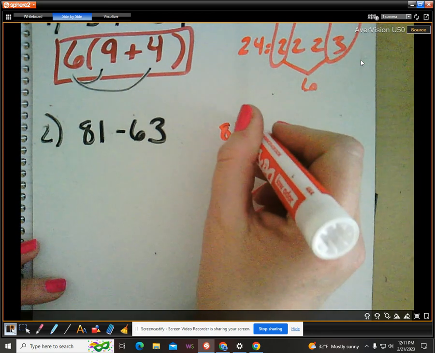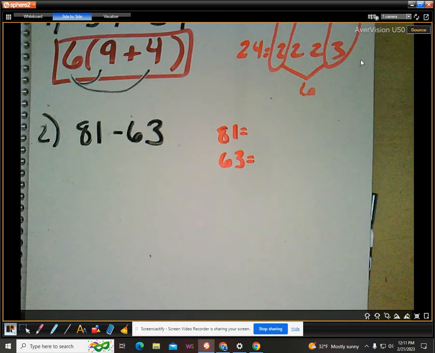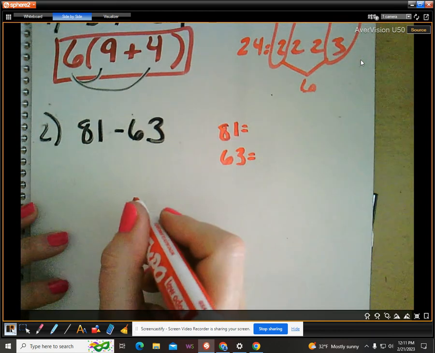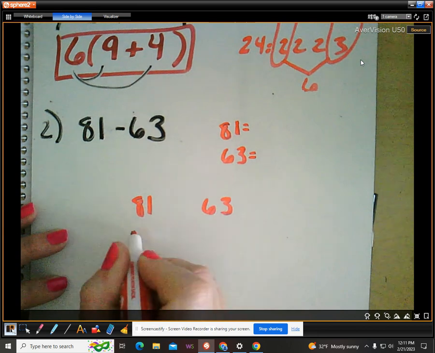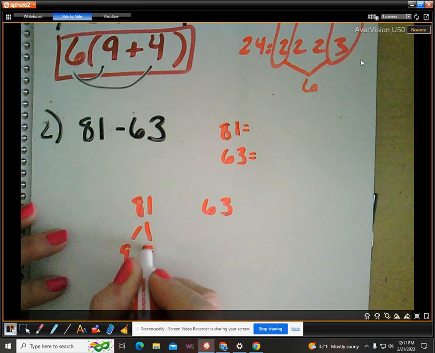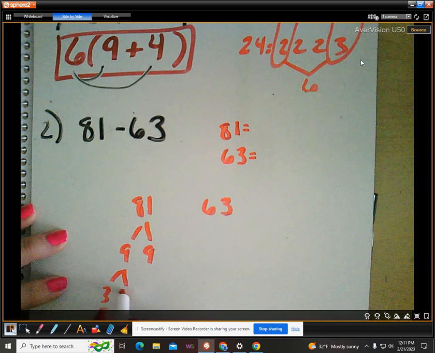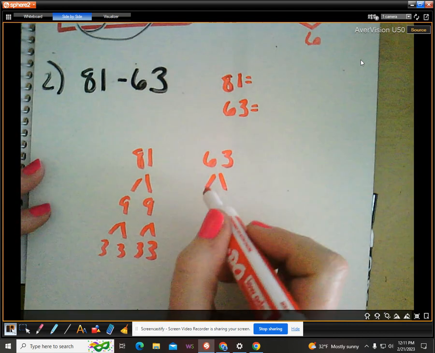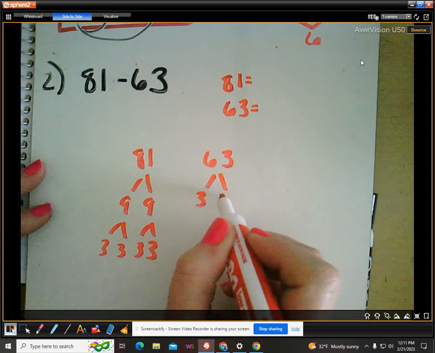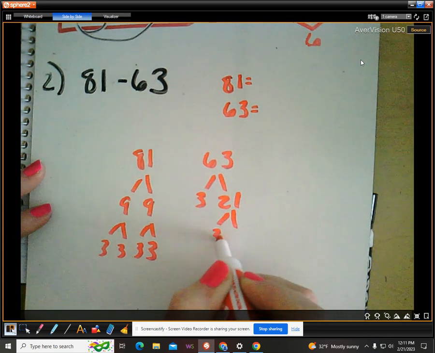Some of you may be able to look and know right off the bat what this one is, just because you know your math facts, okay? But you can always do it with factor trees. 81, I immediately think of 9 and 9, and then those are 3 and 3. 63, I know 3 will go into that, so 3 and 21, 3 and 7.